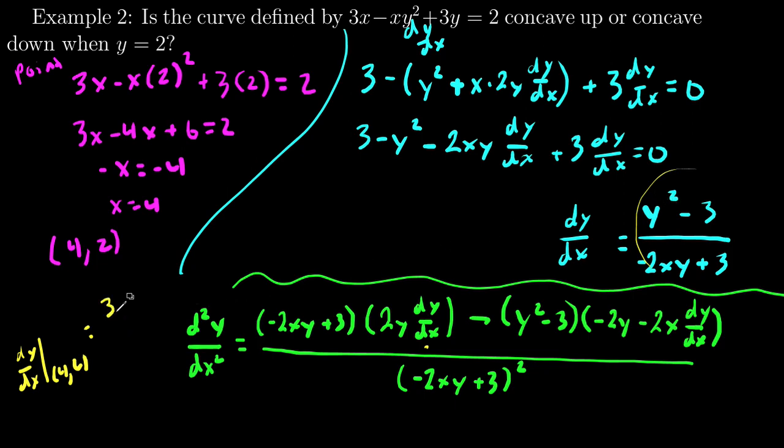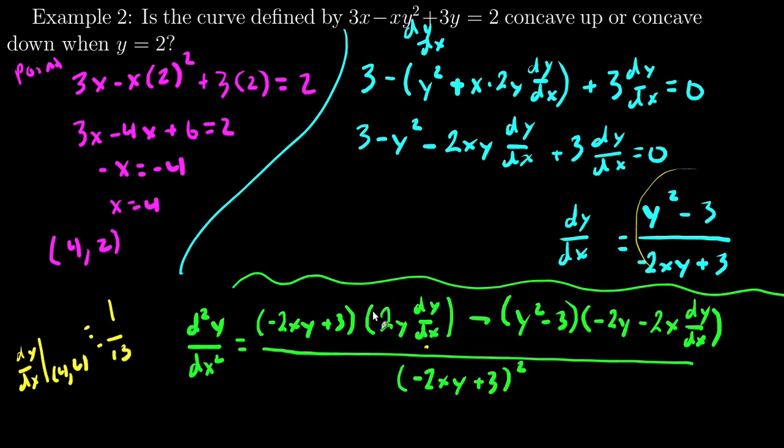No, I won't. That's a lie. 2 squared is 4, minus 3 is 1. I'll end up with a 1 in the numerator. And when I put 4 and 2 down here, I get negative 2 times 4 is negative 8, times 2 is negative 16, plus 3 is negative 13. So I get negative 1 over 13.